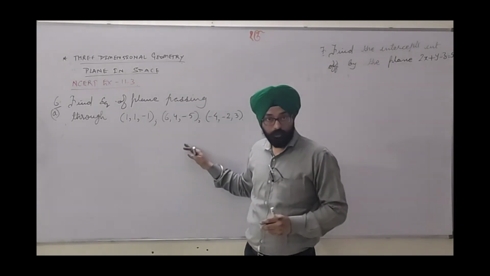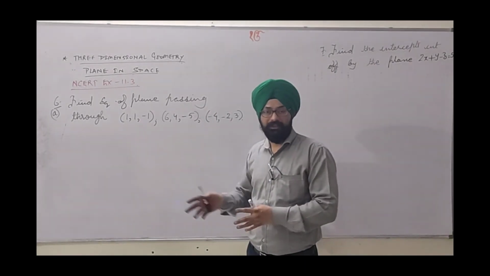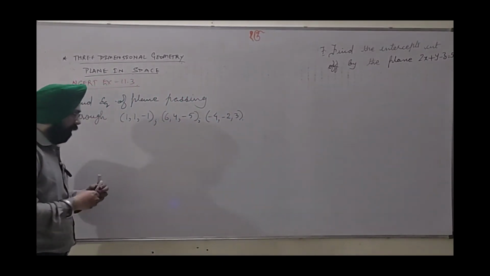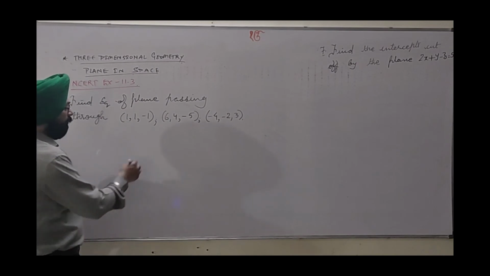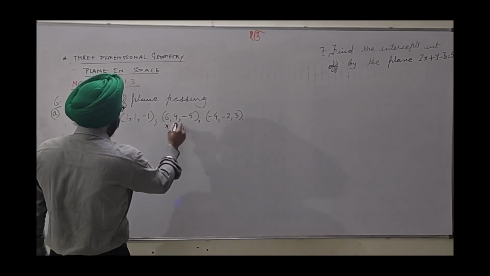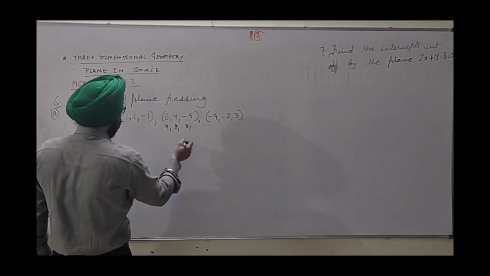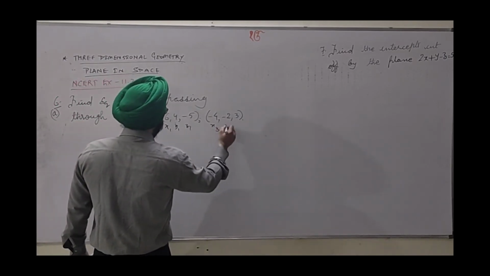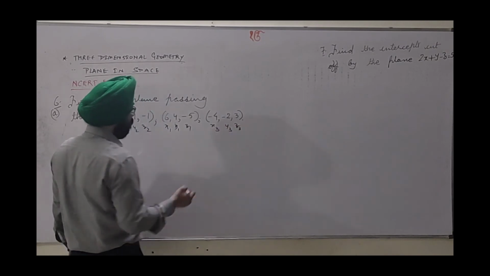Any can be taken as the group of x1, others can be taken as the group of x2, x3 like that. So here I will take randomly. Let's suppose this is x1, y1, z1. Let's consider this to be x2, y2, z2. This is x3, y3, z3.